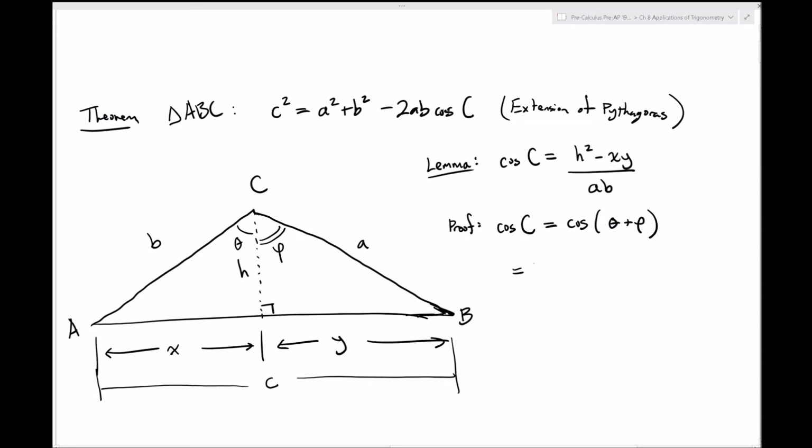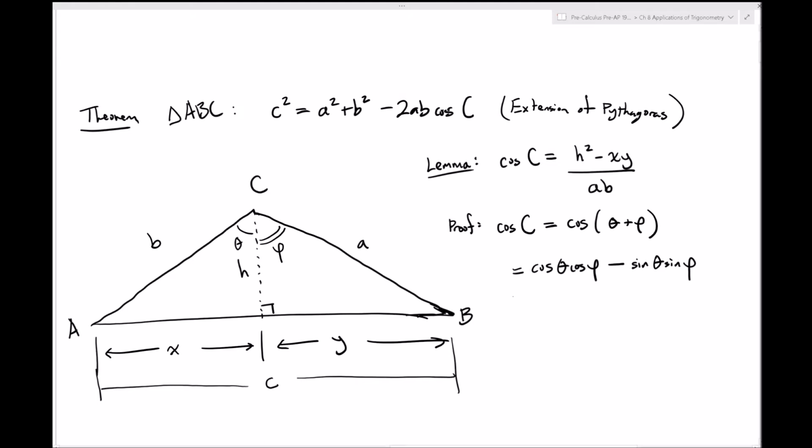And if you remember, cosine, cosine, sine, sine: cosine of the first, cosine of the second, then the sign changes, sine of the first angle, sine of the second angle. So cosine of c is equal to cosine theta cosine phi minus sine theta sine phi. That's going to be the majority of the problem. The rest is just simplifying this expression.